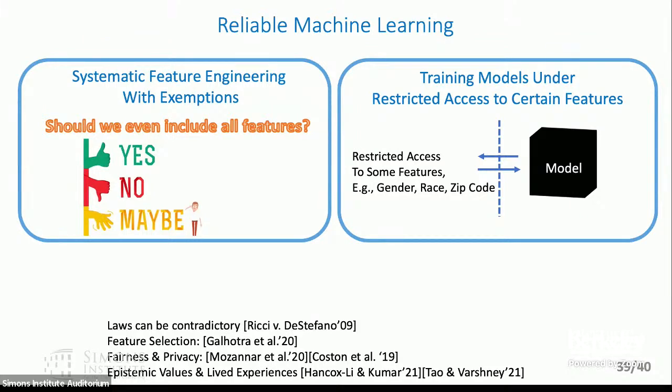And then there could be further debates on whether this feature is contributing to the bias or whether this other feature is contributing. So that's another space where I'm very interested. And there are also problems like training models with restricted access to certain features, like you're not able to use gender, race, or even zip code to train your models or to make them fair.